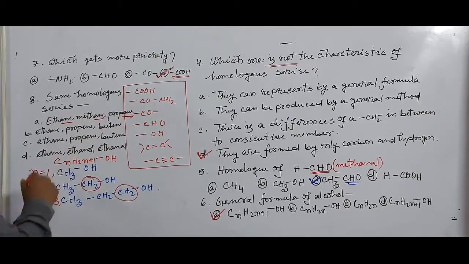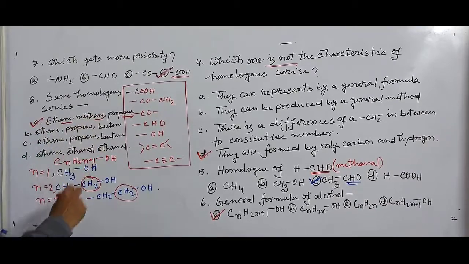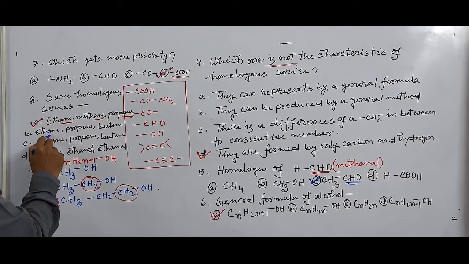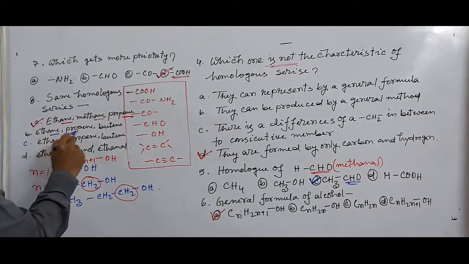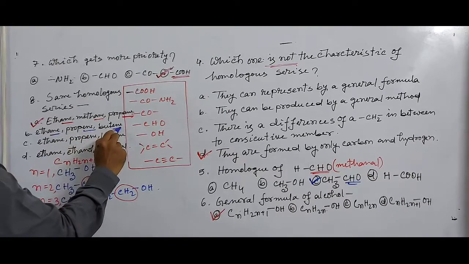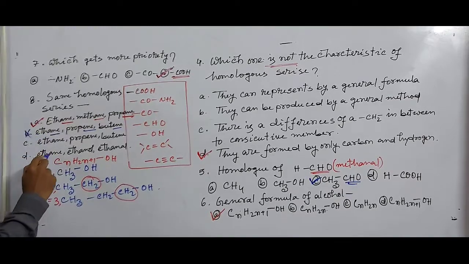That's why option A is correct, because ethane, methane, propane are homologues of the same homologous series. But in option B the suffixes differ, so it will not be the answer.